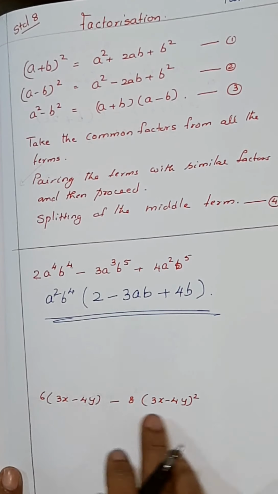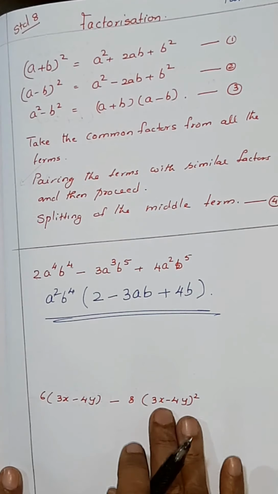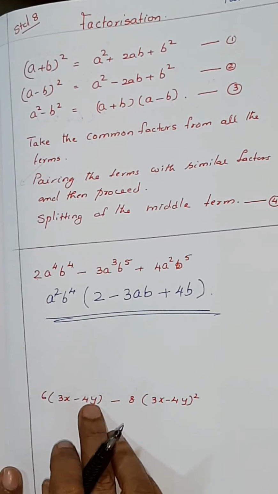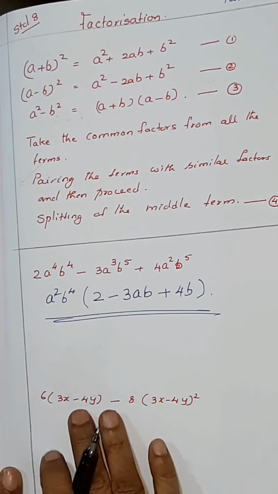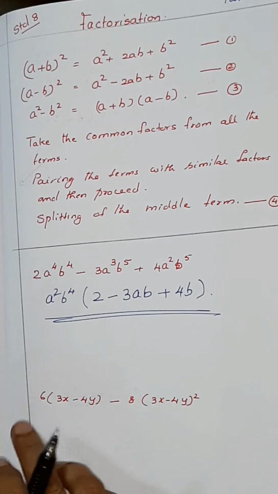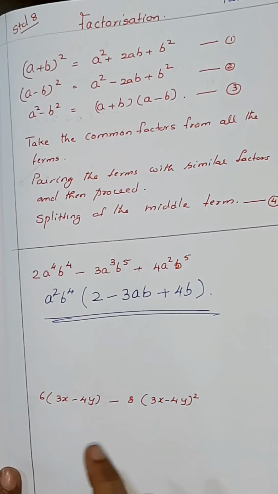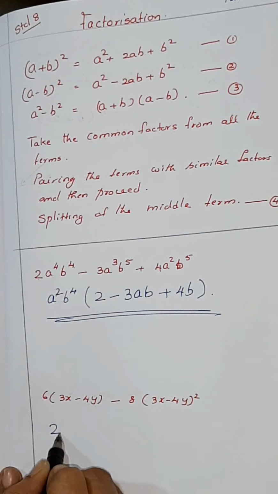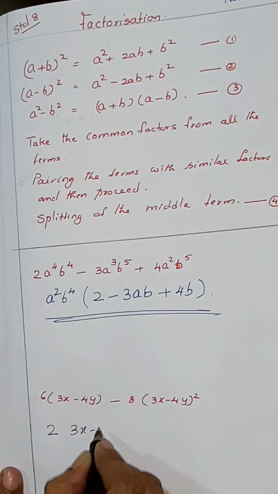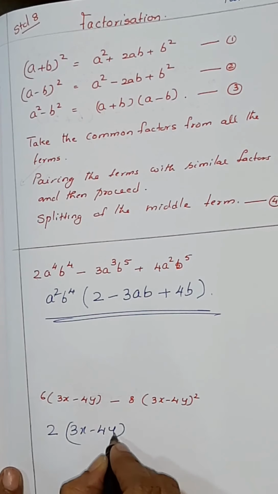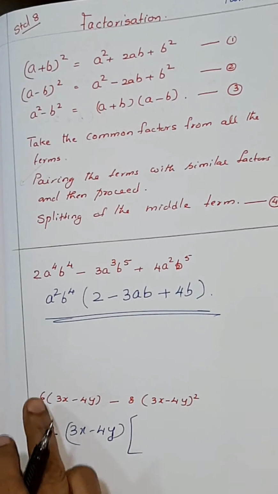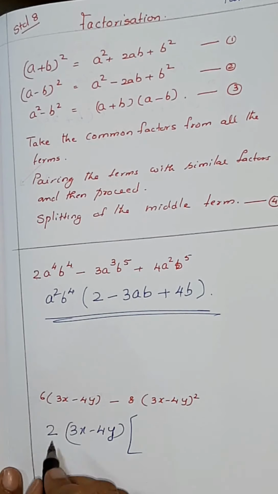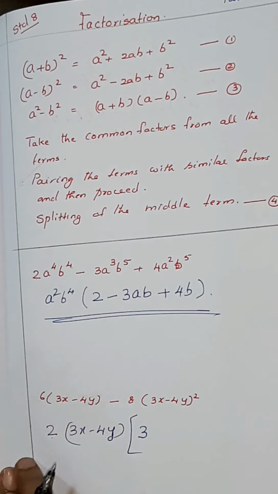Now in this problem, these two terms have 3x minus 4y as common, and 6 and 8 we can take 2 as the common factor. So we will take 2 as the common factor and 3x minus 4y as the common factor. Now 2 has come out, so 2 into 3 is 6, so 3, and 3x minus 4y has also come out.